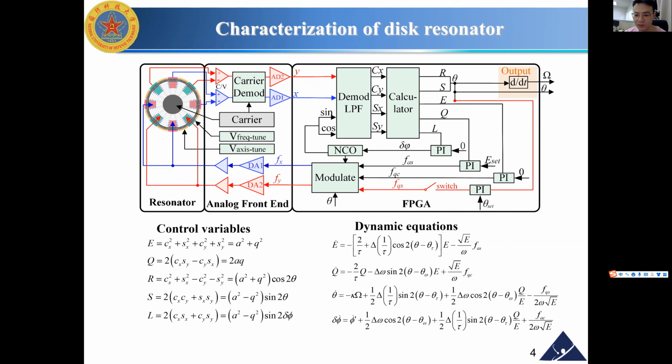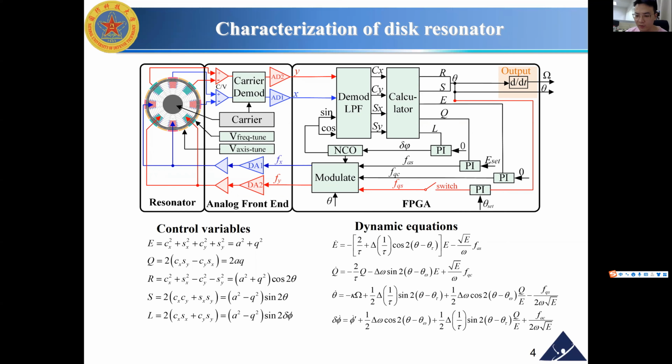The residual part is the FPGA platform for digital signal processing and implementation of the controllers.